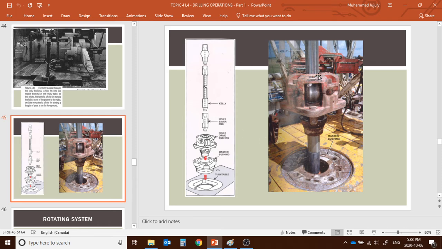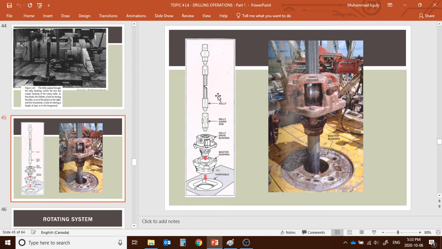Now this is the equipment we call the Kelly. It is a type of pipe that connects with the next component, so this is the rotating system.